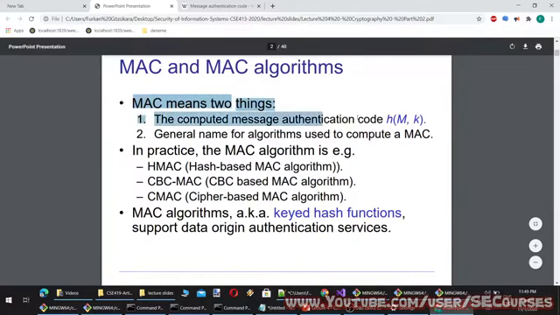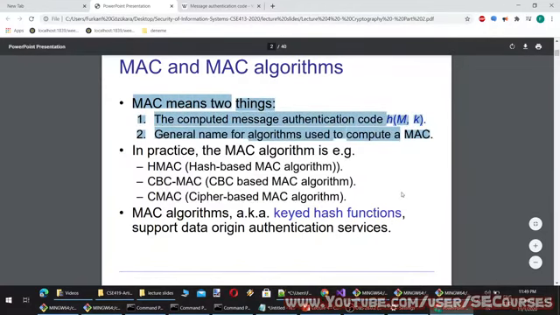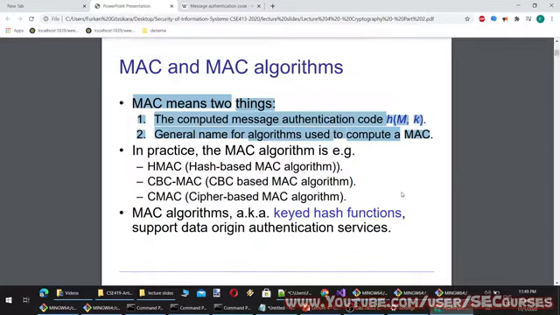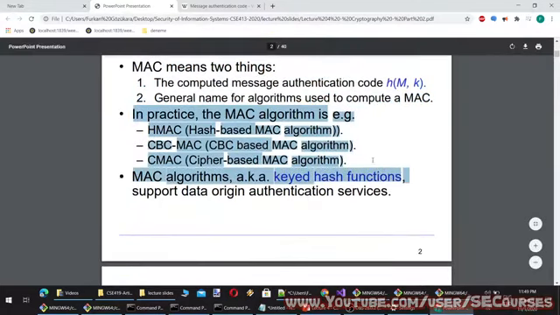Okay, so let's read our slide. MAC means two things. 1. The computed message authentication code, the MAC. 2. General name for algorithms used to compute a MAC.